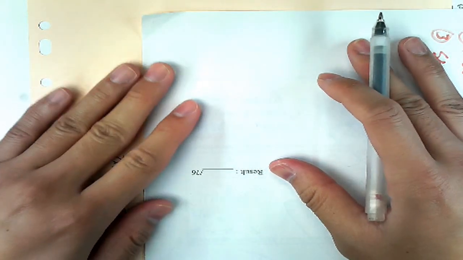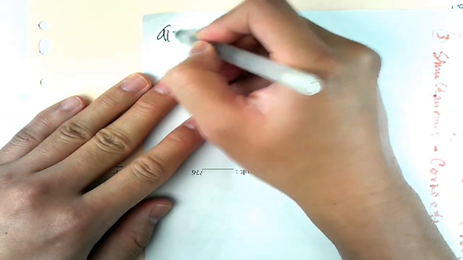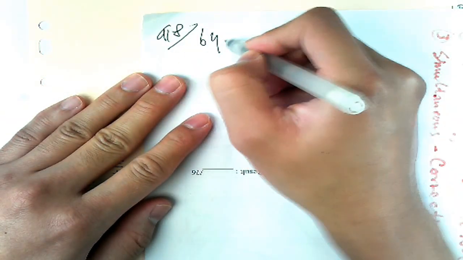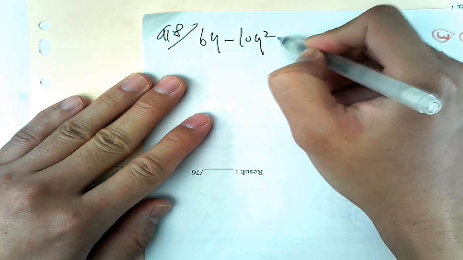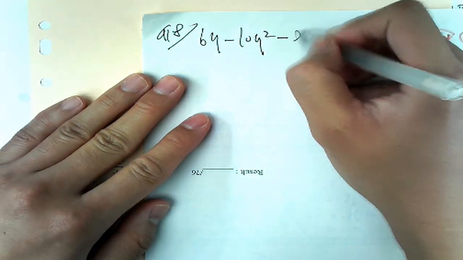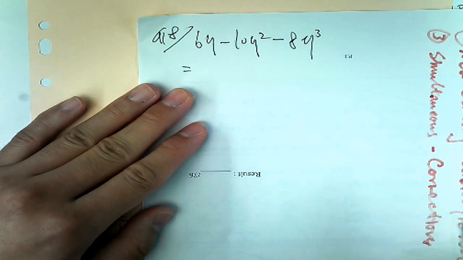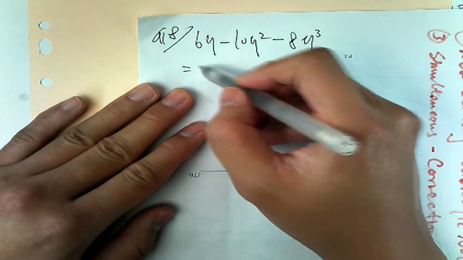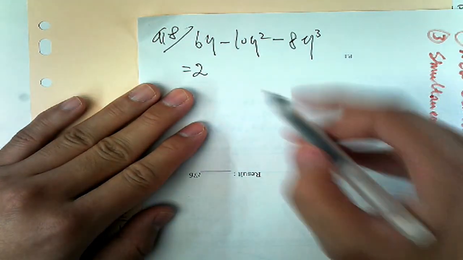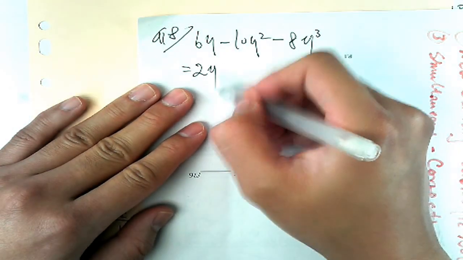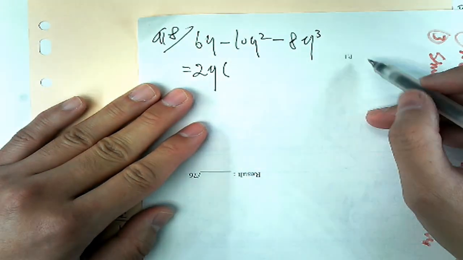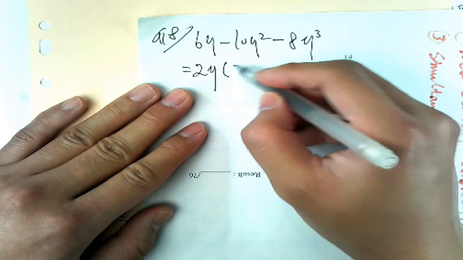So I will do 18: 6y minus 10y squared minus 8y to the power 3. Look at the three terms, 6, 10 and 8, we can pull out 2. And for y, y squared and y to the power 3, you can pull out y. For the first term, what remains is 3.